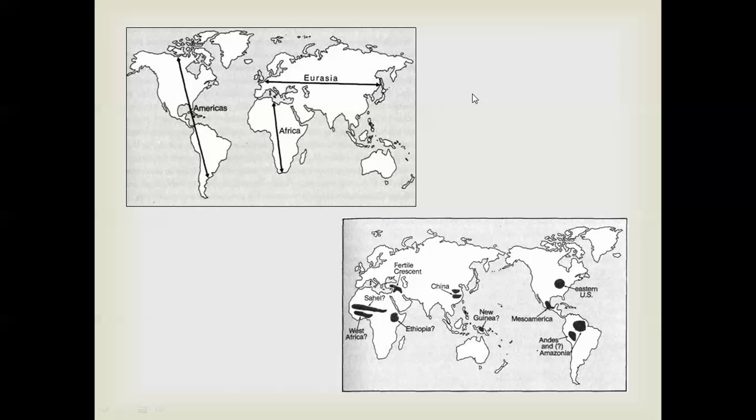Those civilizations all existed along the same latitude. And this is going to be significant in the fact that when the first trade routes are established, they will be all in line with each other.